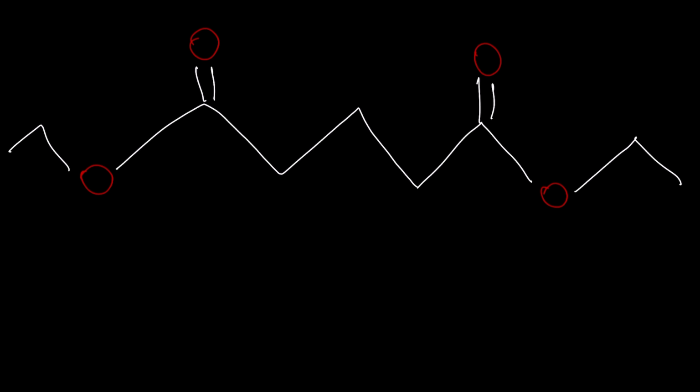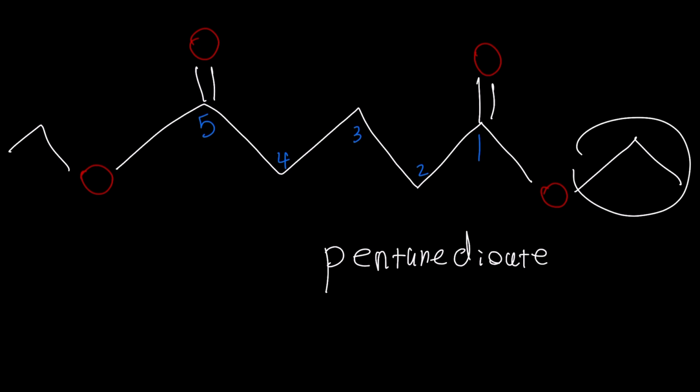You can see that we actually have two different ester groups. In between them, we have 1, 2, 3, 4, 5 carbons, so that would be pentane normally. But since we have two ester groups, it's going to be pentanedioate. That's going to be the suffix for two ester groups. And then on the ends, we have an ethyl here and we have an ethyl here. So it's called diethyl pentanedioate.